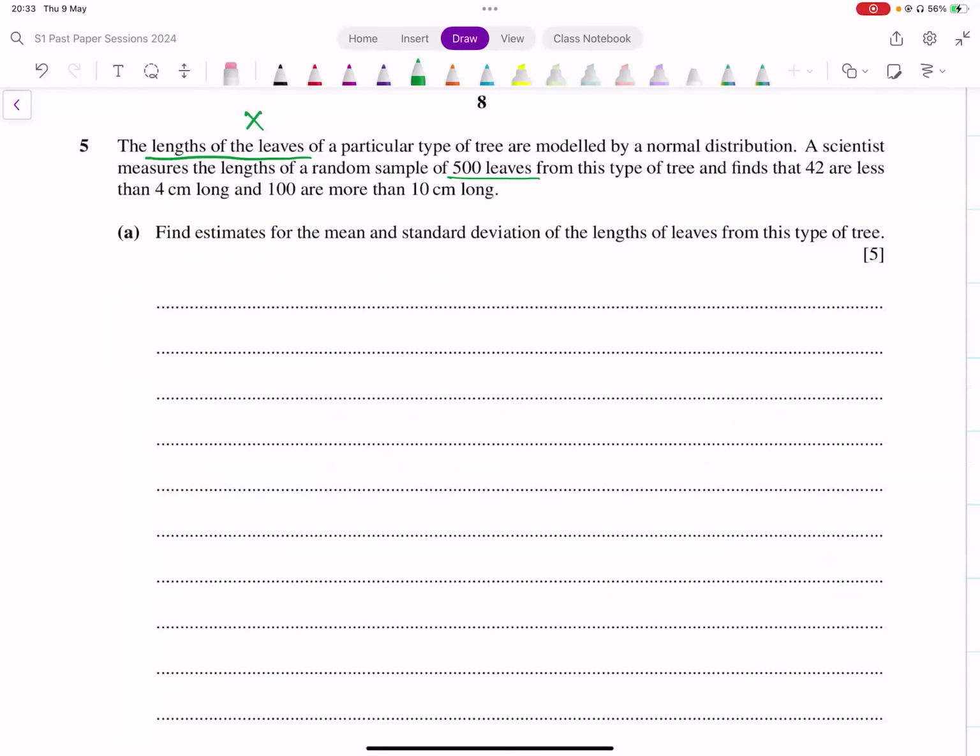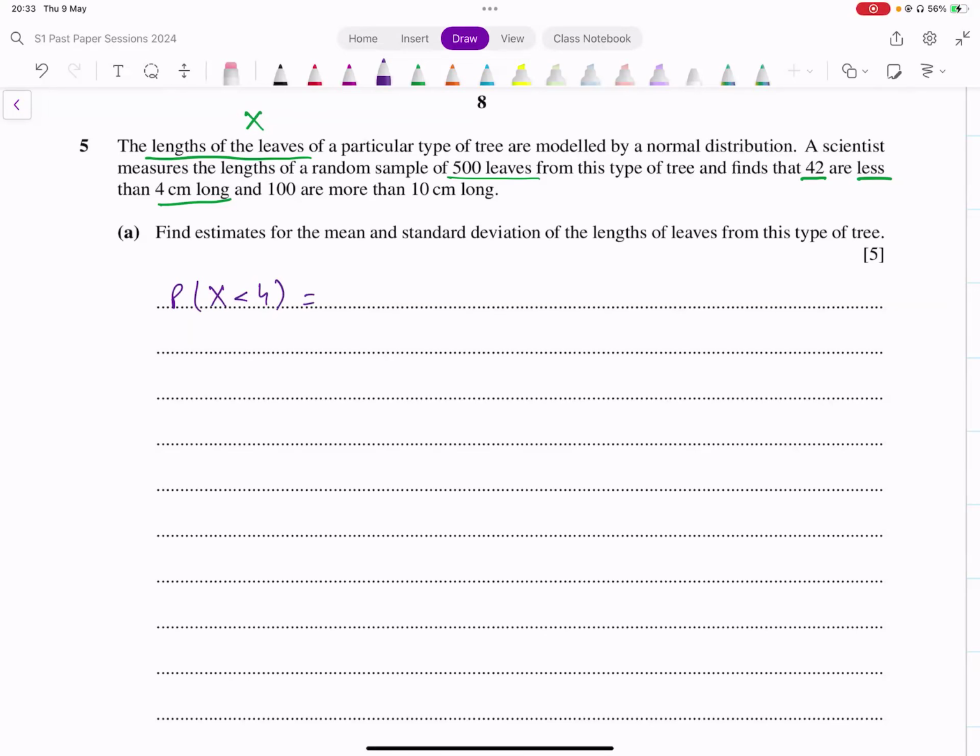Okay, so length is measured, and it's found that 42 of them are less than 4 centimeters long. What does that mean? Probability of the length of a particular leaf being less than 4 centimeters long.